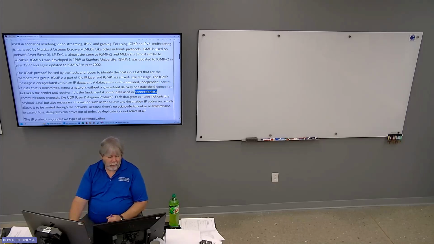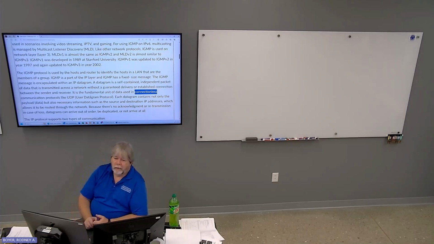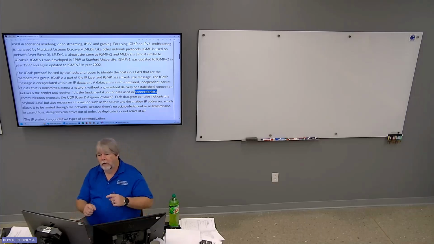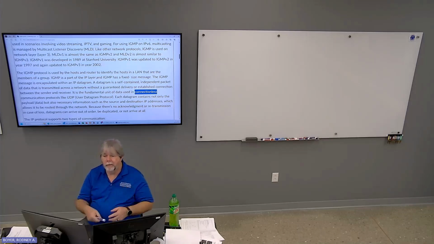The bad thing about UDP is the packets can arrive out of order, or not at all, or multiple times, because there is no handshake that says, hey, I want to tell you something, okay, what is it? Here's what it is. It's just put it out there, you get it, great.